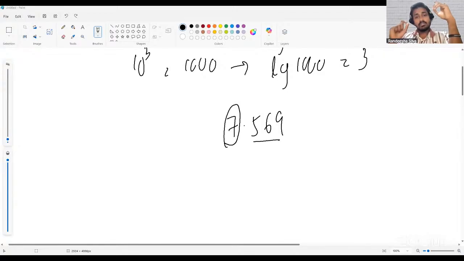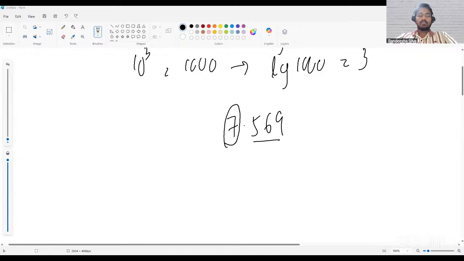For that we use a special section of our table called mean difference, the fourth column of the table. This allows us to be more accurate.